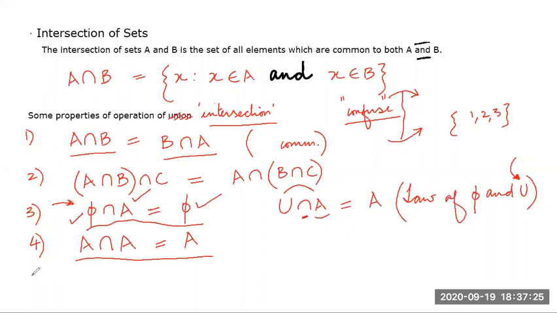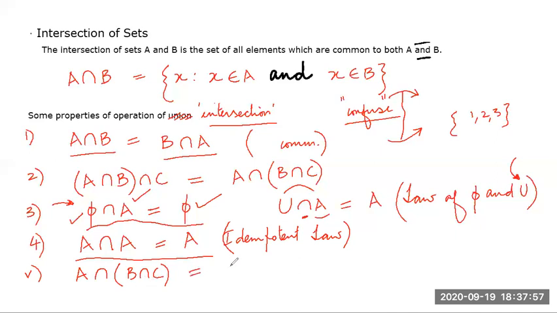All right, guys. Now the fifth law. This is the idempotent law. All right, guys. Then the last one, A intersection B intersection C. One I have proven this is equal to A intersection B intersection C. But then can I include union in this?